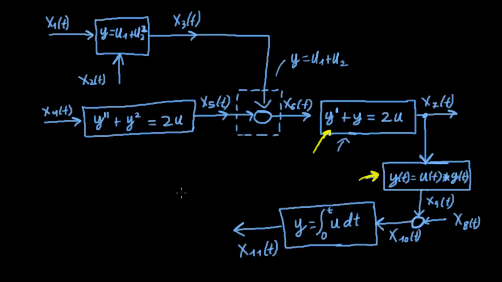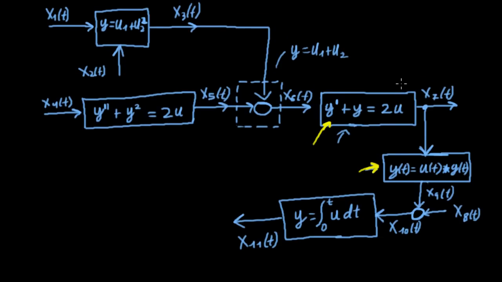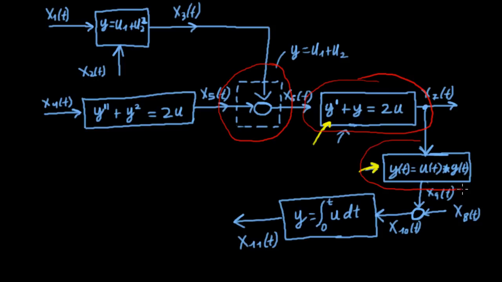But regardless of whether the description in the blocks is internal or external, if in our diagram there are only linear operations, and I mean linear in a dynamical sense, so for example, this would be a linear operation, and this one, and also this one, this one, and this one are linear.